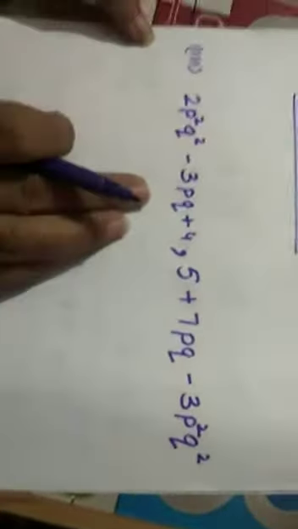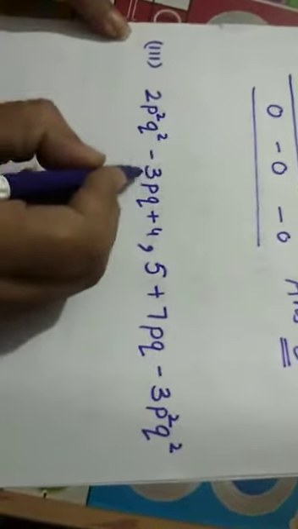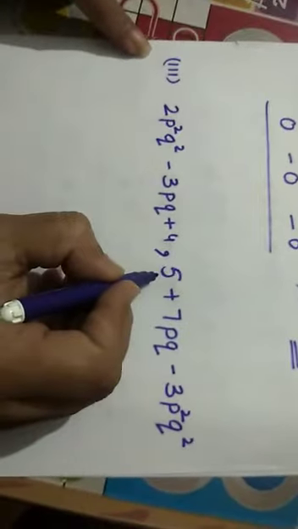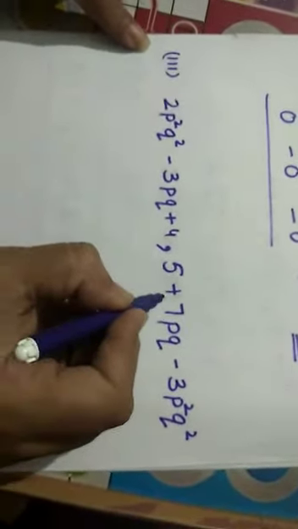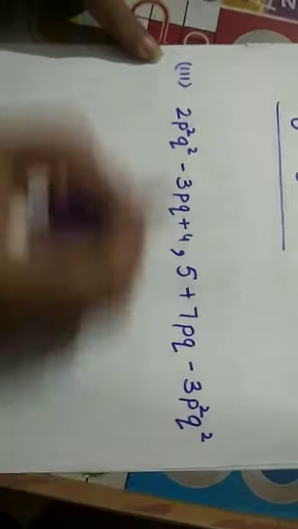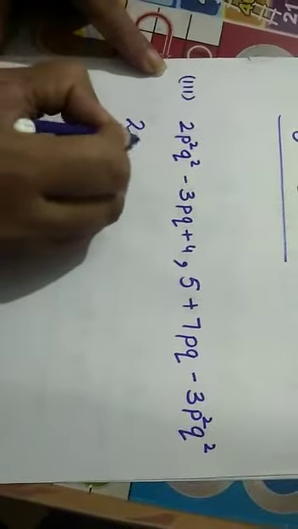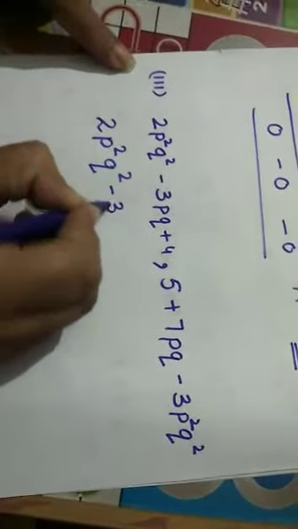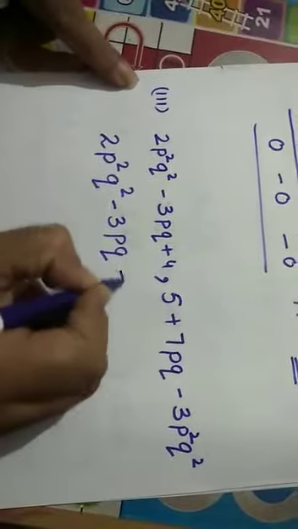Now third part of this question, it is given to you 2p square q square minus 3pq plus 4. And second, it is given to you 5 plus 7pq minus 3p square q square. So first of all we'll write 2p square q square minus 3pq plus 4.